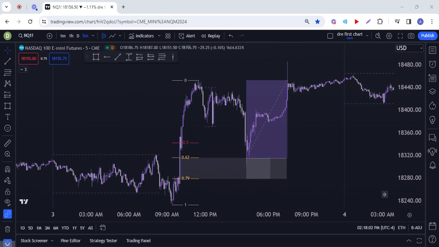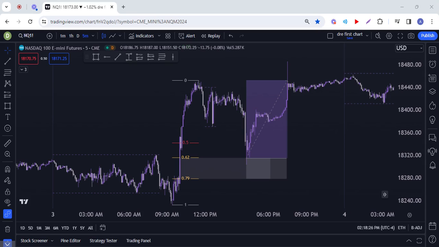So just to recap, this is a Fibonacci retracement strategy within the 0.62 to 0.79 of the leg. This is looking to enter on a retracement and to continue with the trend. You want to use this by anchoring your fib retracement tool from the swing high to the swing low of the leg you're looking to enter on its retracement.